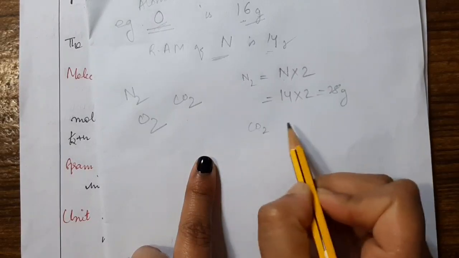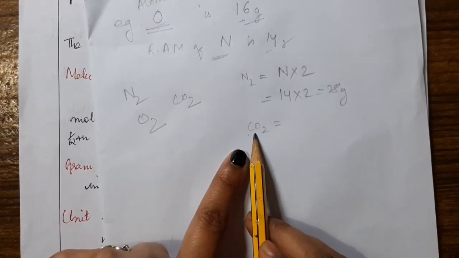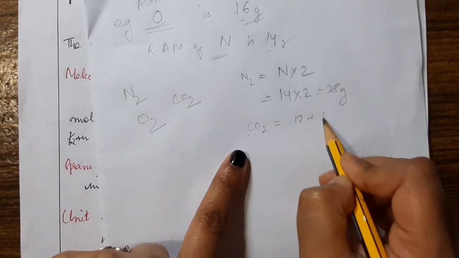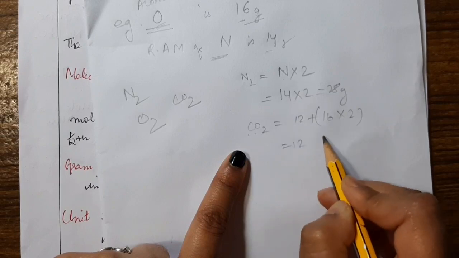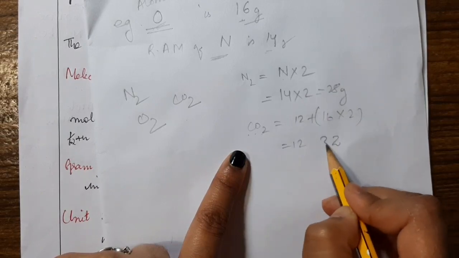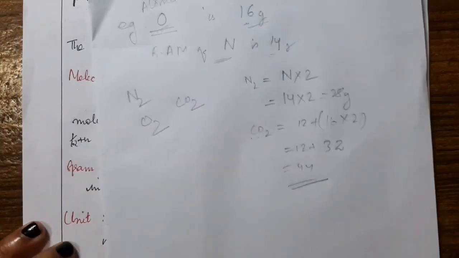Like for example, carbon dioxide: atomic mass of carbon is 12, oxygen is 16, so 12 plus 16 into 2, that is 12 plus 32, 44. Yes, this is how we find out the molecular mass.